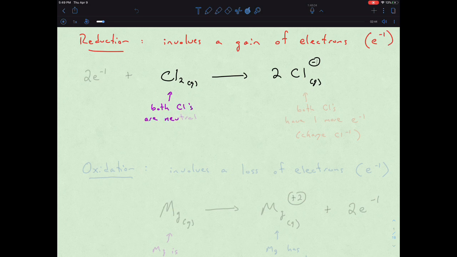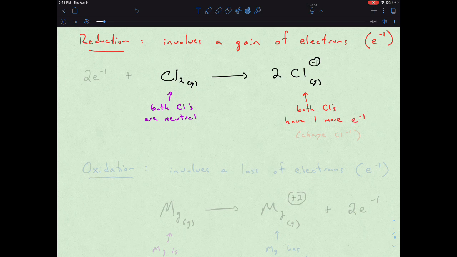Both chlorines are neutral, while over here both chlorines have one more electron.